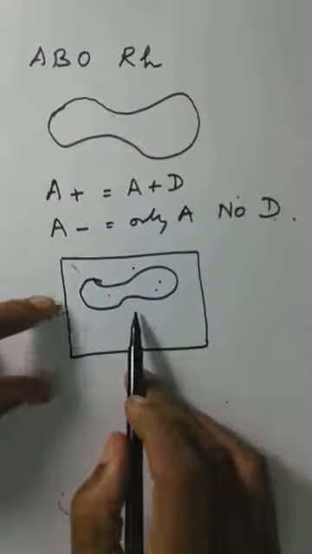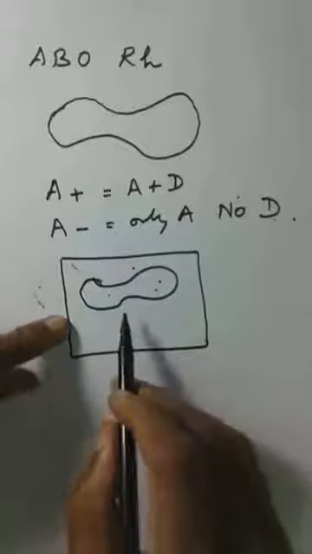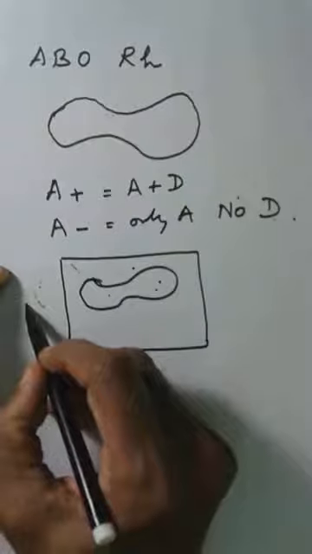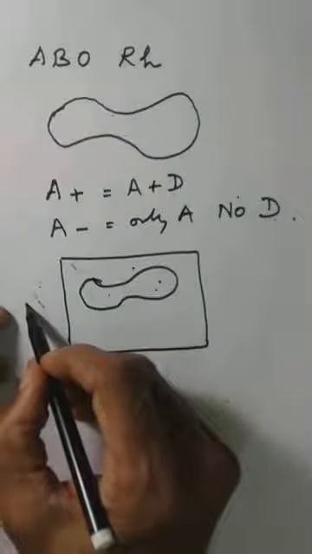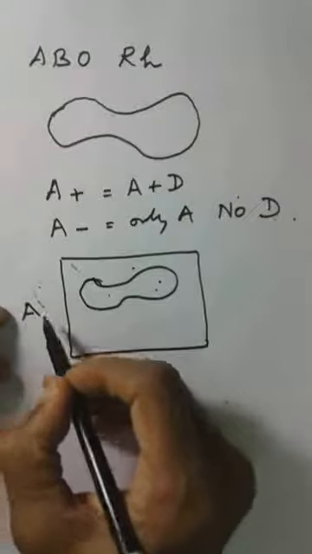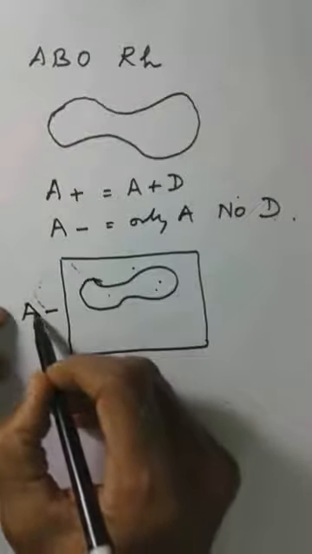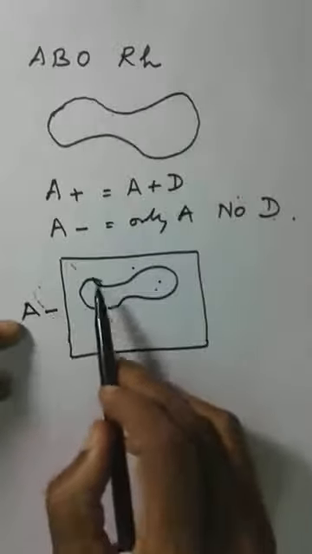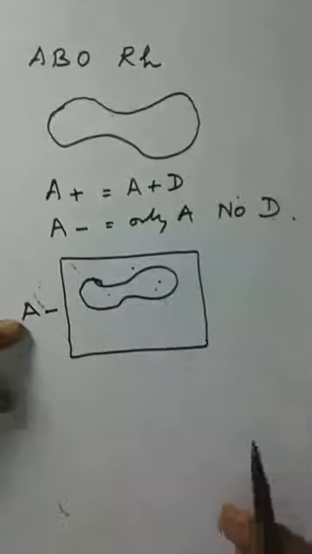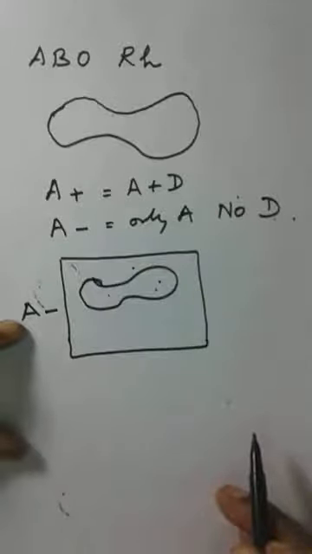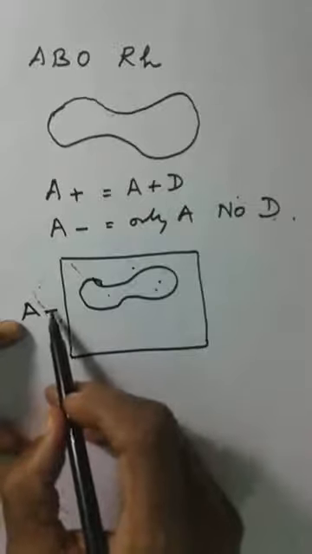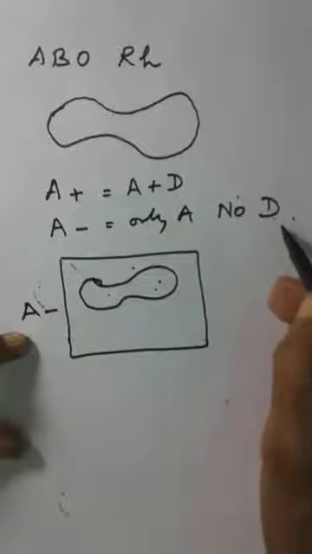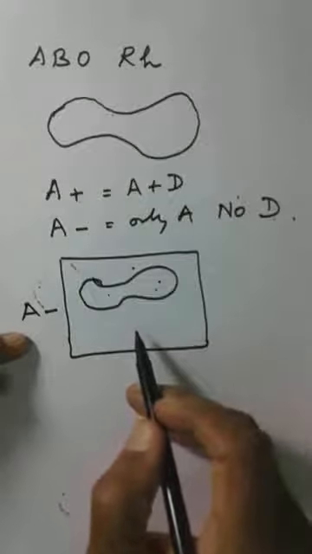Suppose he is a negative person. That means his blood group is A with no D. So what will happen if another blood with D is coming to this blood?